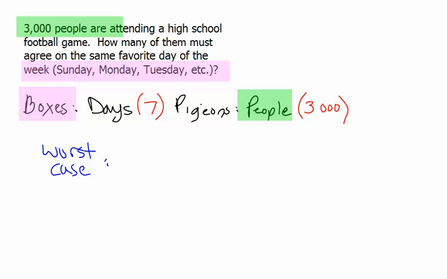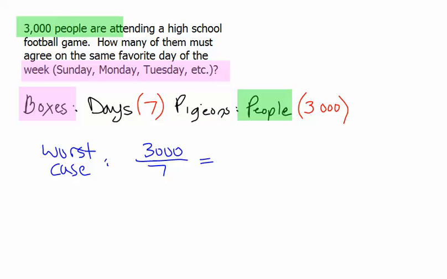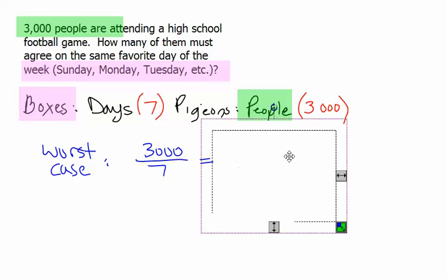But if we want to be sure we know how many of them must agree, we need to divide those people evenly amongst the boxes. So when we divide the 3,000 people evenly among the 7 boxes, that's our worst case scenario.